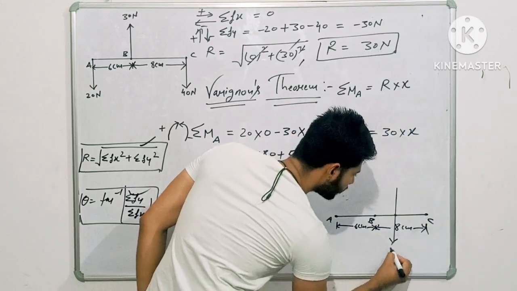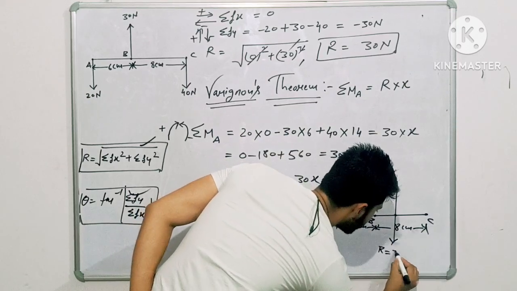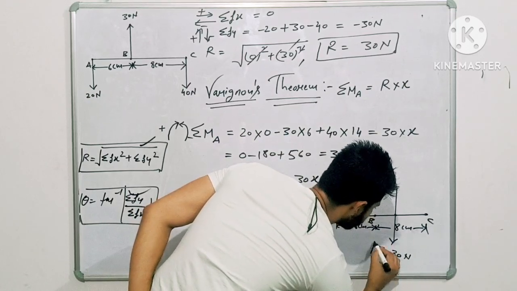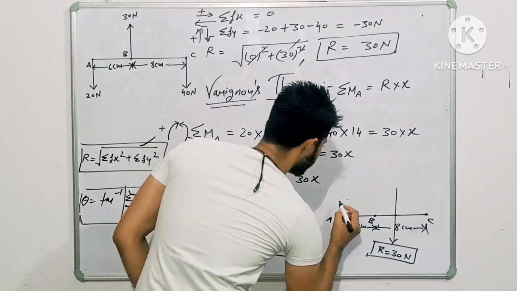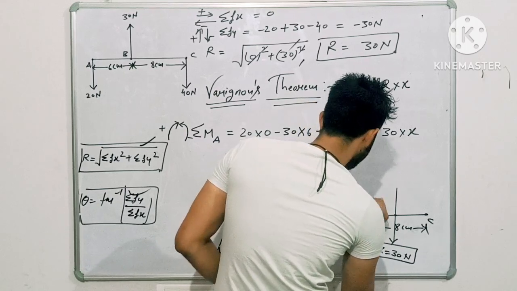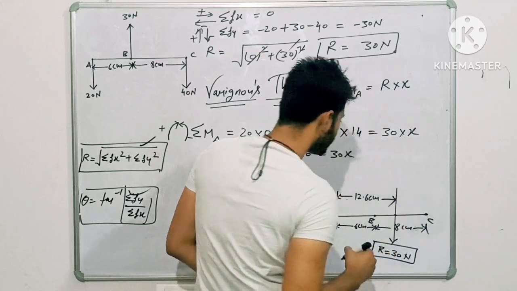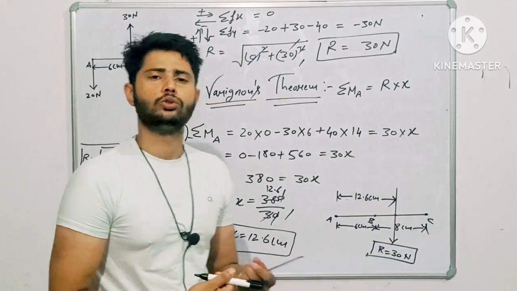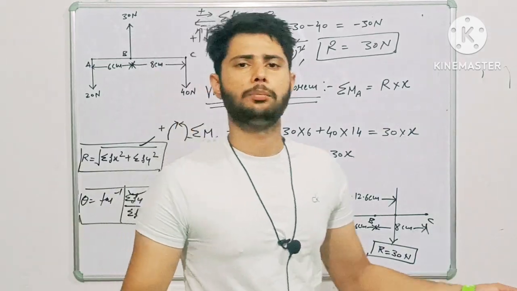Our resultant is going in downward direction, meaning R is equal to 30 Newton. We have to show this in our exam, and our distance is 12.6 centimeter from point A. Now our problem has been completed here.